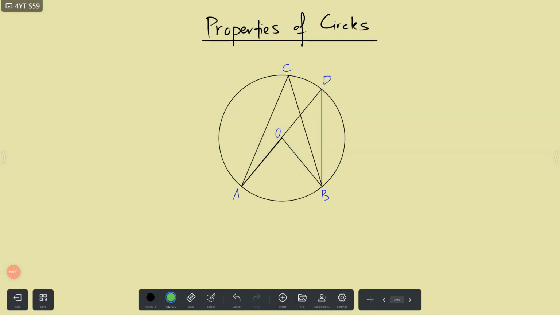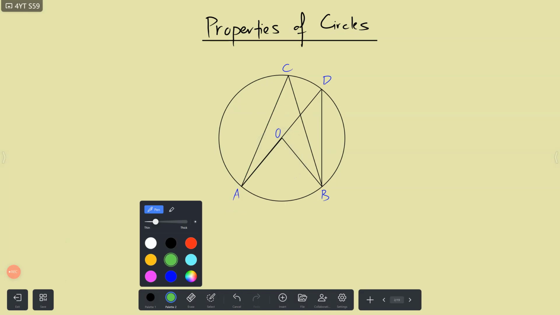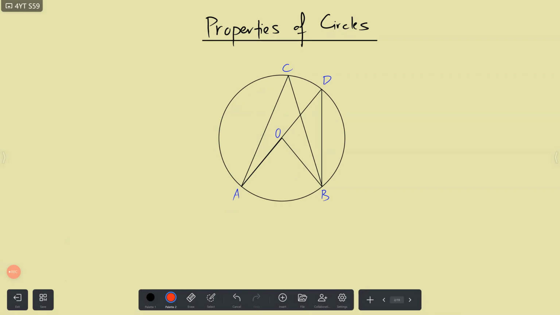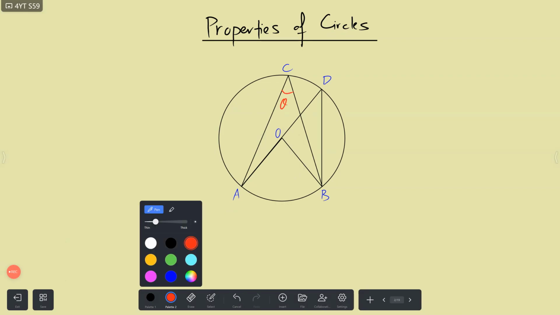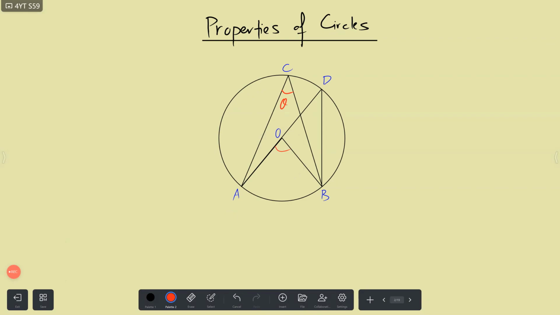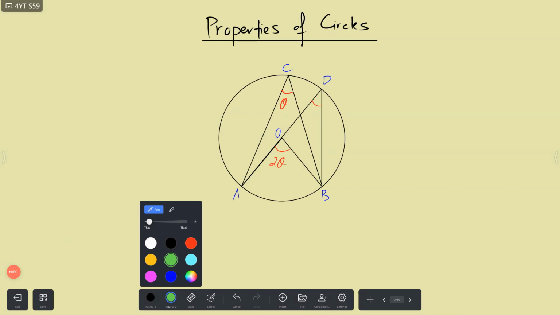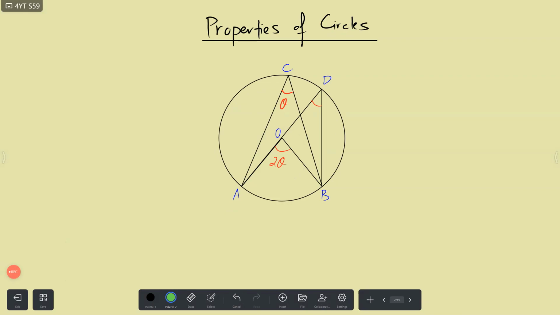Okay, you can also observe the same property in this case. So previously we have this angle is theta, right? So this angle is theta, and then this angle at center here is equal to 2 theta. What about angle ADB? Okay, let's look at angle ADB. Is it the half of angle at the center? So let's check using the same way that I told you just now.